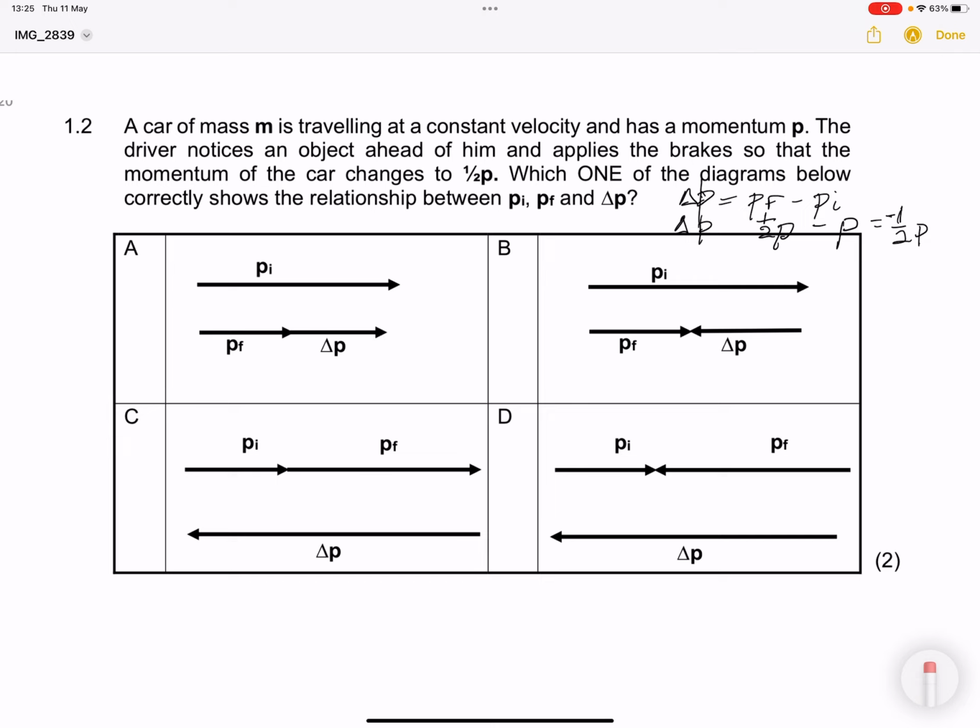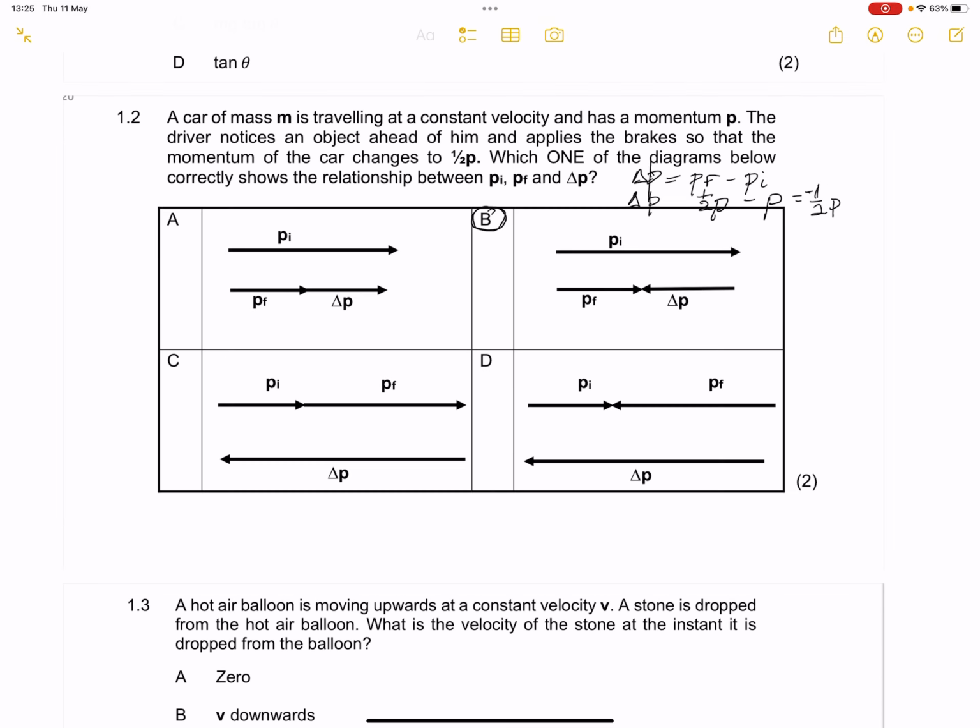But when I look at B, our initial momentum looks correct, our final momentum is a half of p, and our change in momentum is in the opposite direction, and it's a half of p as well. So B does look correct, and I'm not going to waste any further time analyzing the other ones. We've got our correct answer.